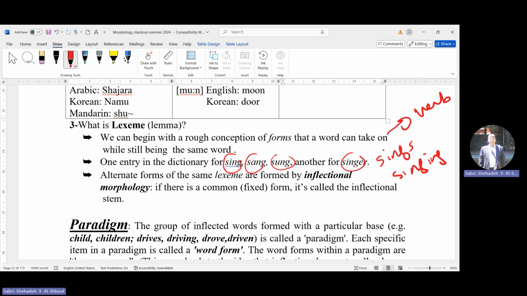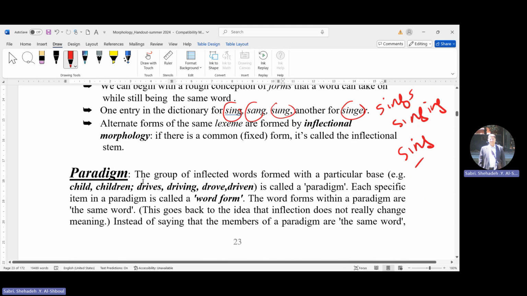The verb sing remains a verb. So this alternation of the form of the same verb, which is sing, is maintained and caused, triggered, motivated by inflectional morphology. So there is a kind of fixed form, and this form can take different forms in the dictionary and in the speech, and this variation is maintained by inflection or inflectional morphology.